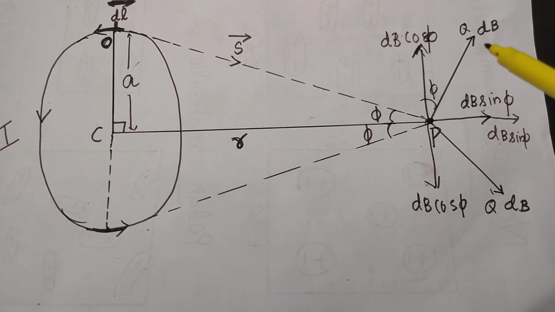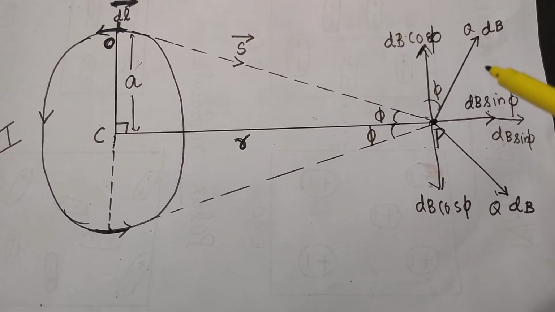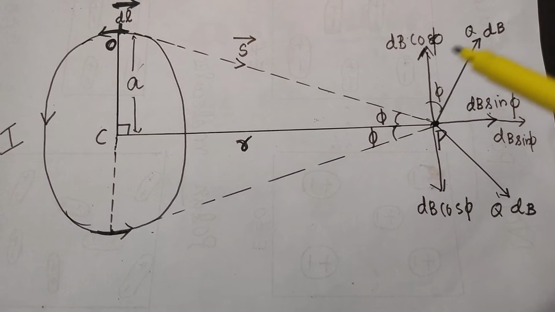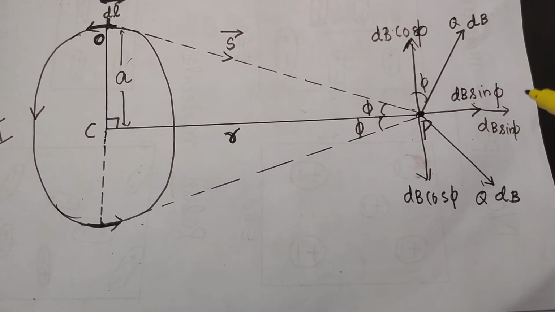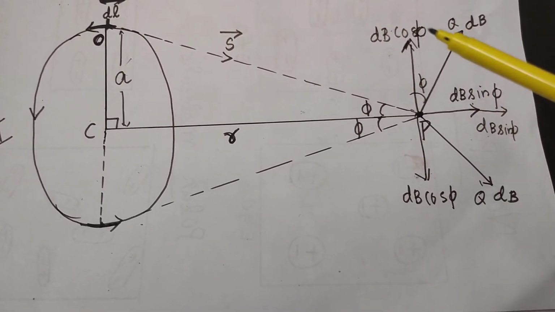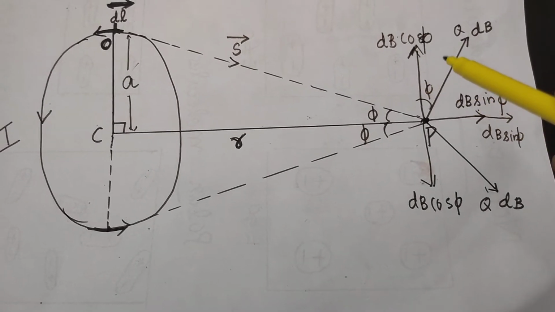So these are the components. The magnitude of the magnetic field is resolved into two. One is along the axis of the circular loop, and the other is perpendicular to the axis.